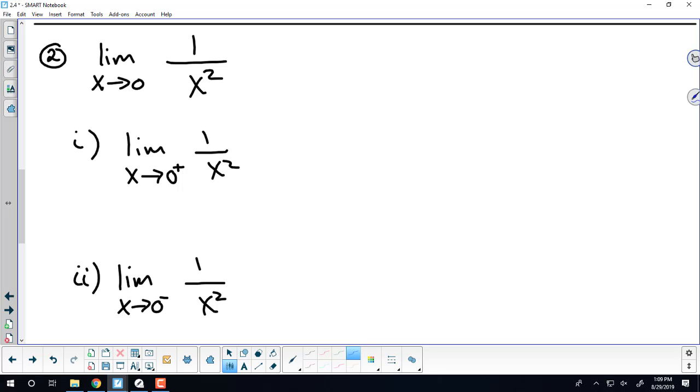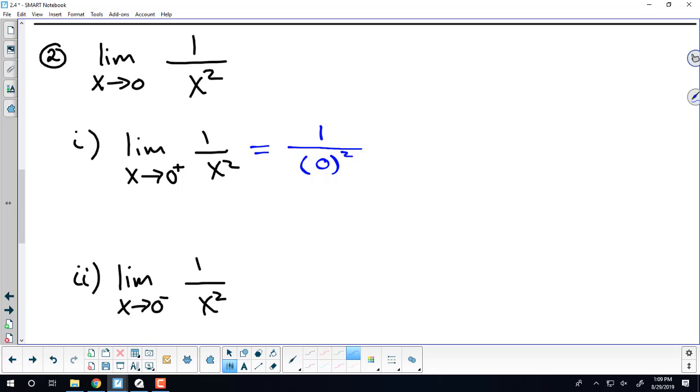As I look at that, I say, as x approaches 0 from the right, my numerator is 1. And with x approaching 0 from the right, what happens to this x right here in the denominator? What does it approach? 0, right? Remember, you never just want to put 0. We have to determine through what values of 0 it's approaching.